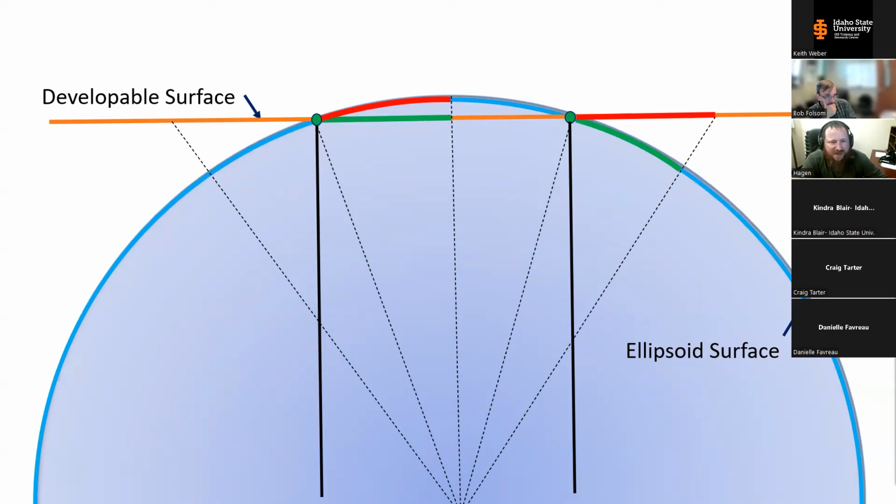But if you look on the outside of those 2 points of intersection, you find that the opposite is the case. Those distances along the ellipsoid have to be stretched in order to be projected up onto the plane. And because of this, we get what's called linear distortion.